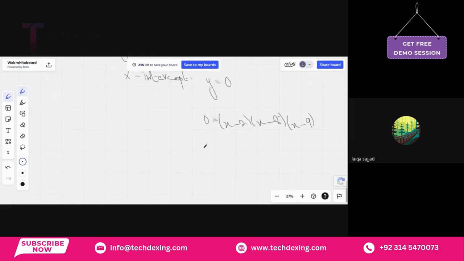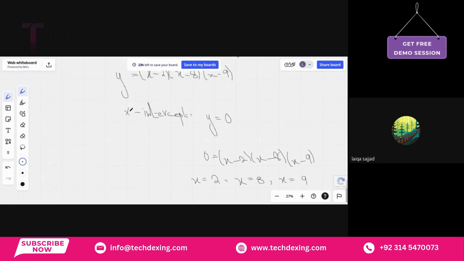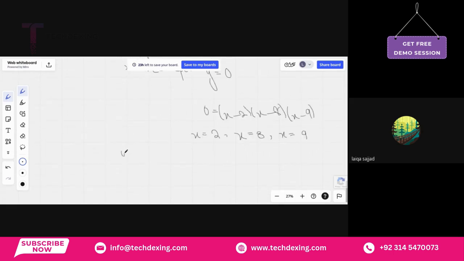From here we can see that the graph would cut the x-axis at x equals 2, then again at x equals 8, and at x equals 9. Similarly, if you want to find the y-intercept, you simply take the value of x equals 0.